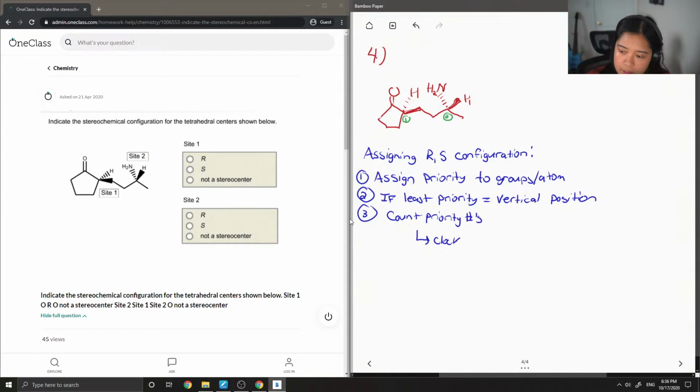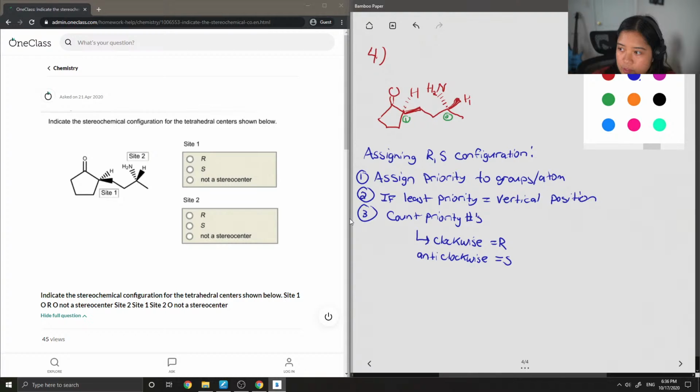So if it's clockwise, then it's R. And if it's anti-clockwise, then it is S. Okay, so I'm going to do it for site 1 first. Then I'm just going to number the priorities here.